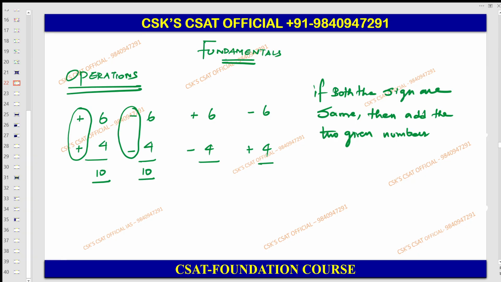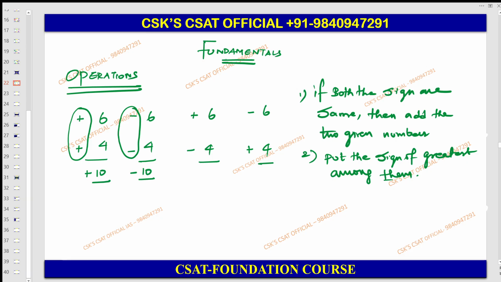Now the second step is to put the sign of the greatest among them. The greatest among them here is plus, and here it is minus. You have to be very careful.